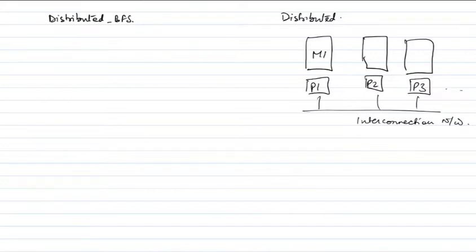So what's the critical thing over here? Well, you can't directly access the memory of another processor. So what you actually have to do is send a message to the other processor requesting the data, and the other processor will send the data back.